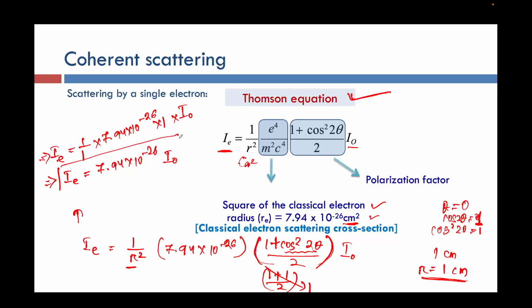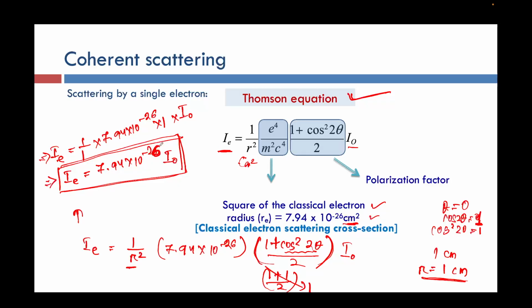Now you can observe how much intensity I will get when the intensity is calculated at a distance of 1 centimeter: 7.94 into 10 to the power minus 26. That means it is very low intensity, but in reality we are getting extremely high intensity.